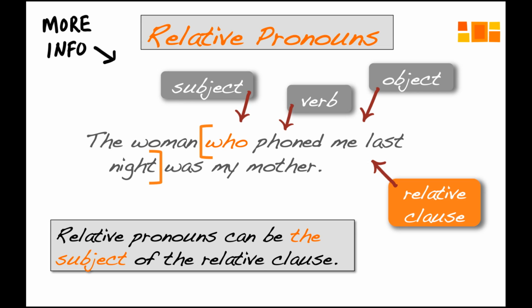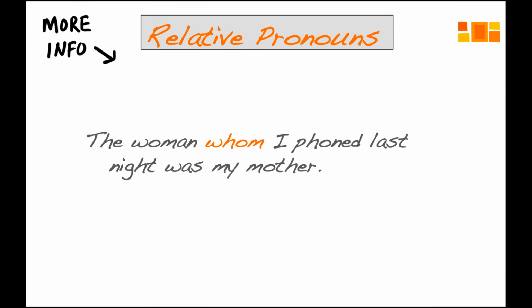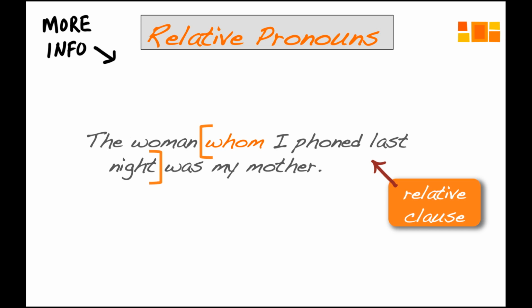Who phoned, subject, verb. Now I'm taking that sentence and I'm changing it a little bit. The woman whom I phoned last night was my mother. Now I can tell you right away that who is also possible here, but the whom problem I'm talking about in the second video. Now, whom I phoned last night is my relative clause, and again, it's snuggled nicely into the middle of my main clause. The woman was my mother.